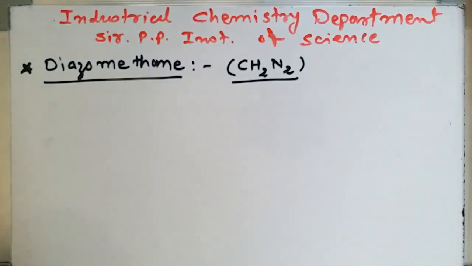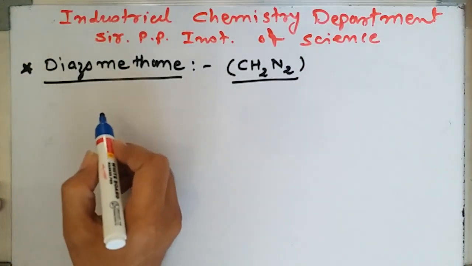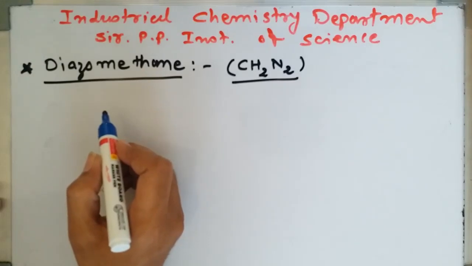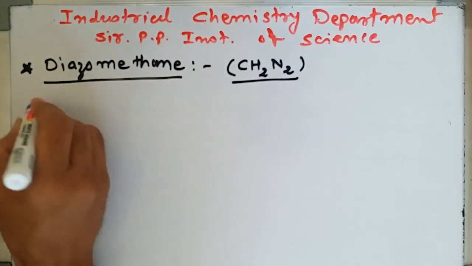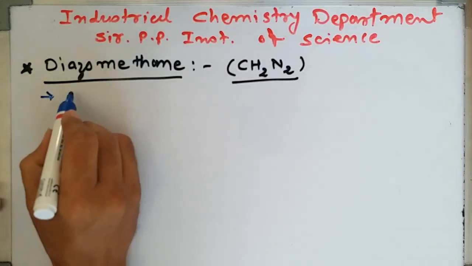Moore and Reed in 1961 prepared diazomethane in quantitative yield by alkaline hydrolysis of bis N-methyl N-nitroso terephthalamide. I write down this structure.